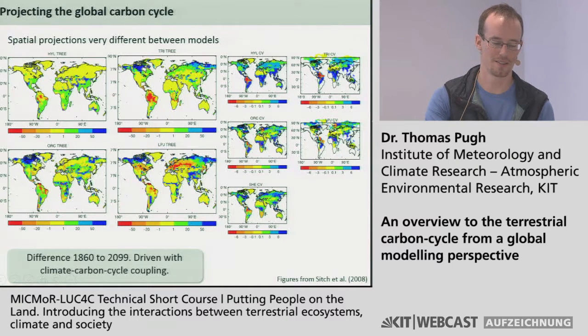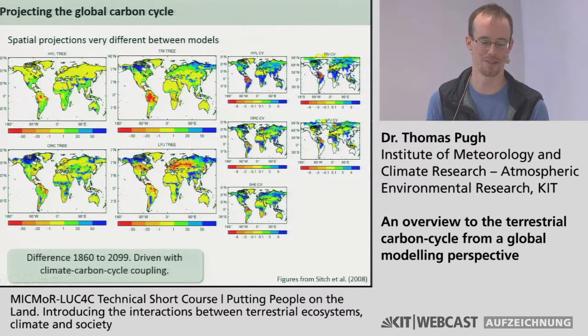And you can see that the changes and the direction of changes and the position of those changes varies massively between the models. LPJ shows a loss of tree cover in the mid latitudes, which TRIFFID isn't showing. It's actually showing an increase. And so when you start to look at spatial effects, the uncertainty between the models is actually even greater than when you just look at the global averages. And you see the same kind of thing in the vegetation carbon stocks in these plots here.